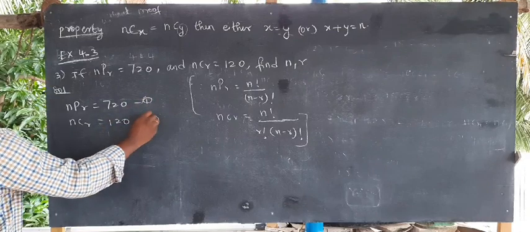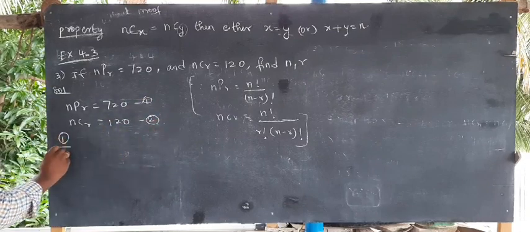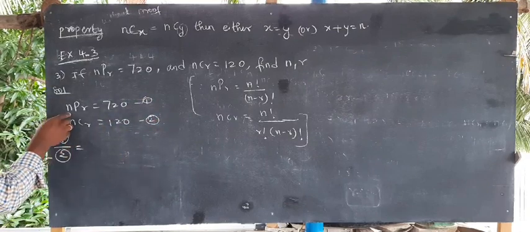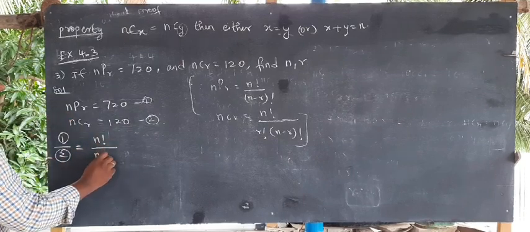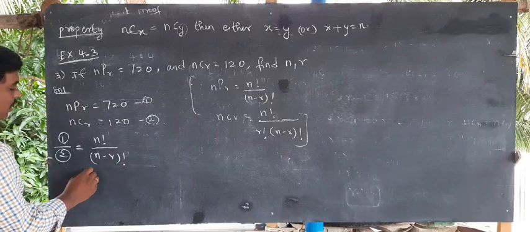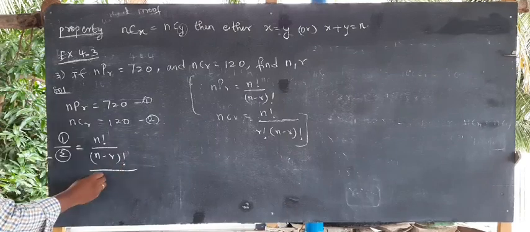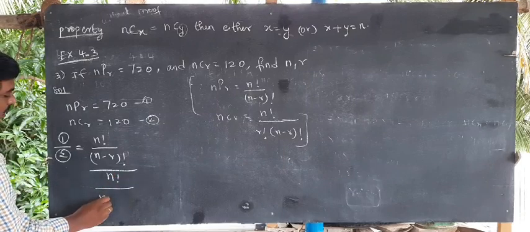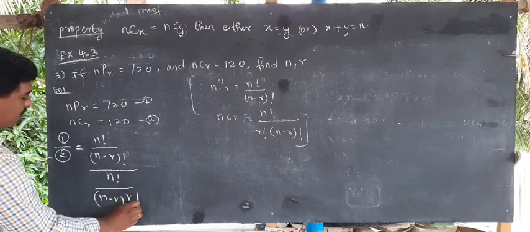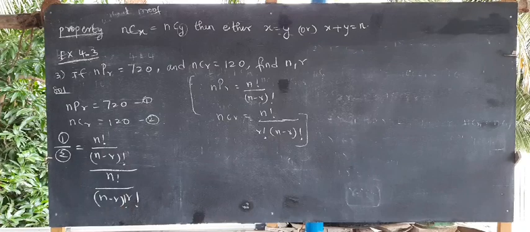Call them 1 and 2. 1 divided by 2: I take 1, that is nPr, n factorial by (n minus r) factorial, divided by nCr, n factorial by (n minus r) factorial r factorial.